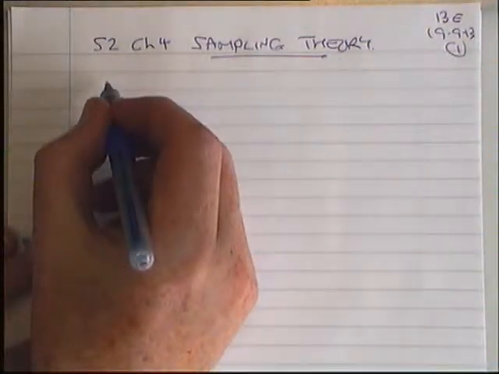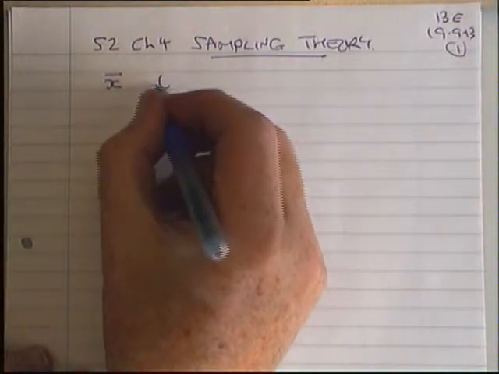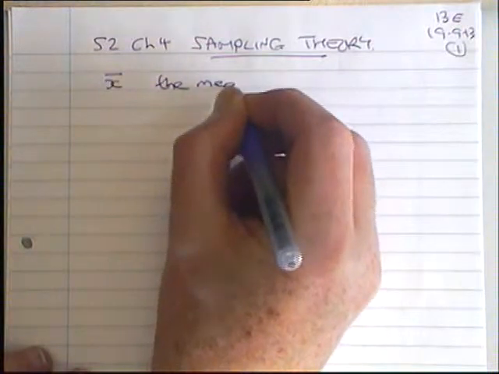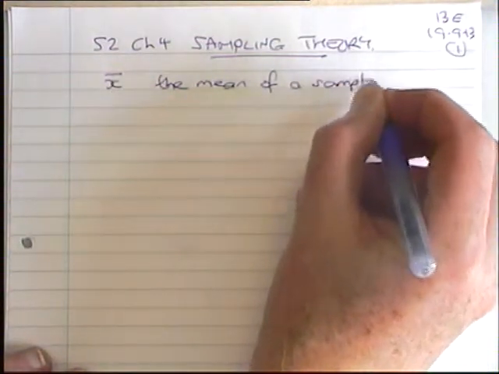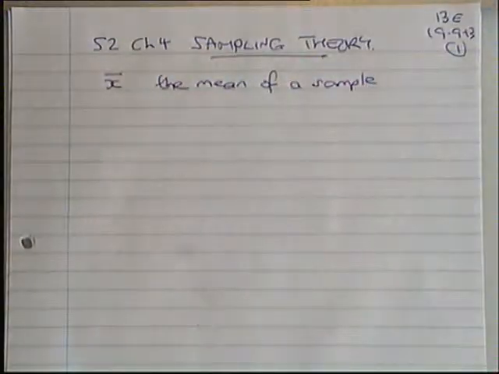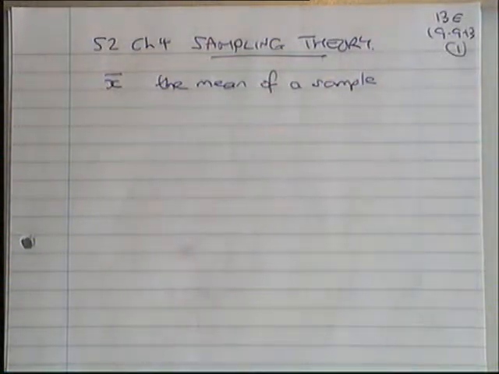Right, first of all, we're going to use the notation which I read as x bar to be the mean of a sample. If I call you collectively 13E, your group name, and I wanted to estimate your mean height, I might just pick 3 of you.